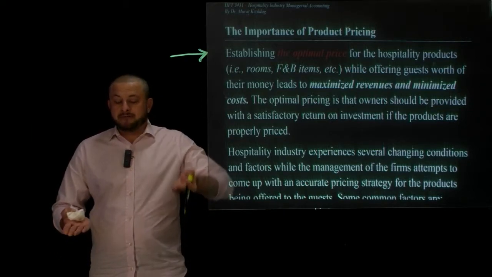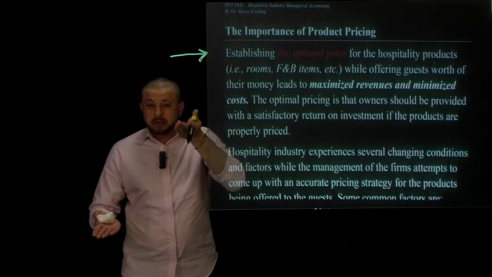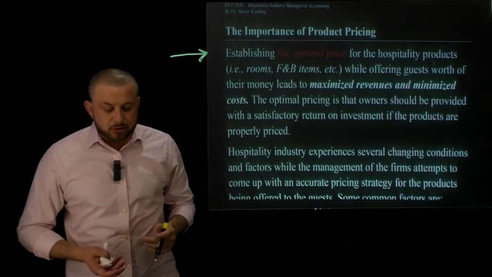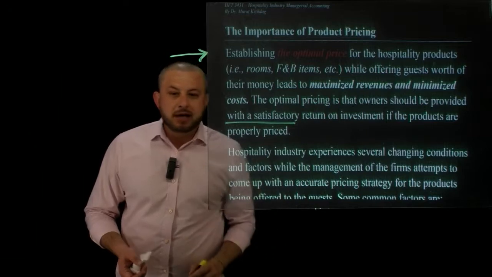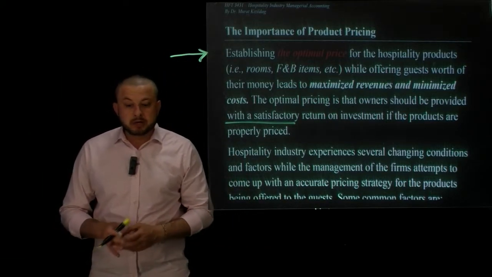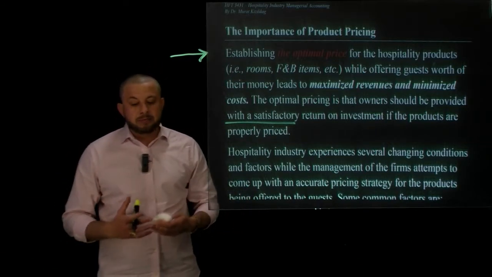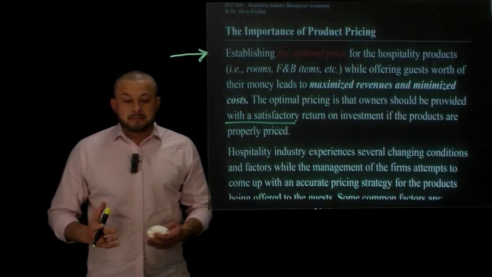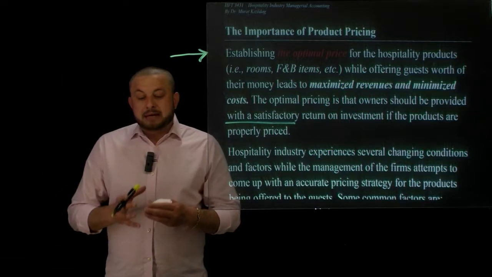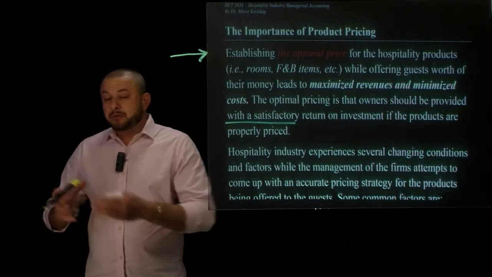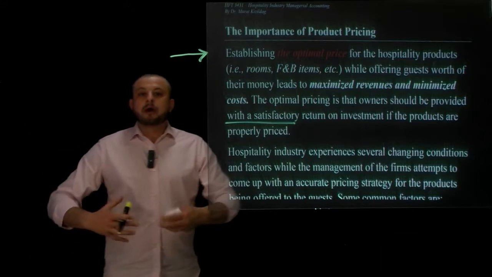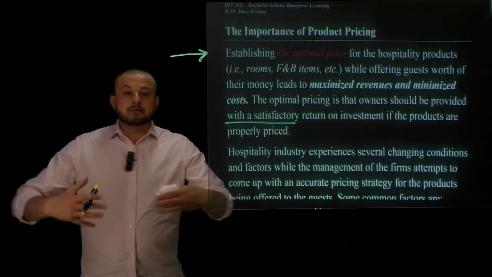When we increase the prices or put them at the optimal level, that brings the most satisfactory revenues, the most satisfactory return on investment, and the most satisfactory profit margins. Therefore, optimal pricing becomes very important because we will be able to tap into 100% of the potential to generate more and more revenues and higher levels of profit margins.